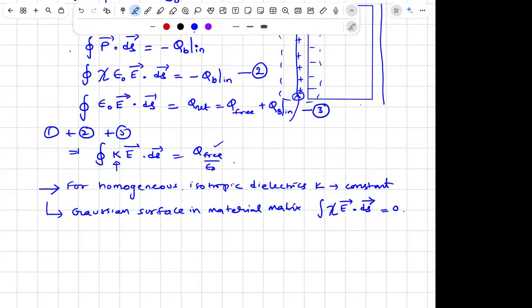Yes or no? I am repeating my terms again. If you are taking the Gaussian surface passing through the material, metal, then susceptibility times E bar dot ds bar must be taken as zero at that point. These are very cautious points. We will feel that they are not serious, but when I am applying them in a problem, you will face the concept.